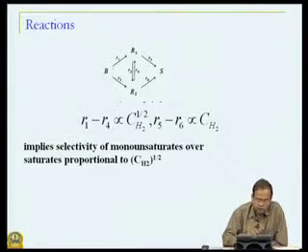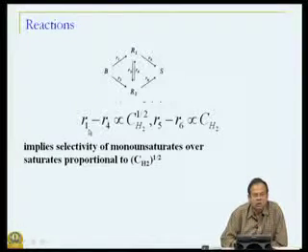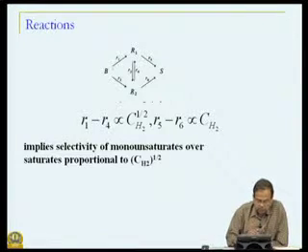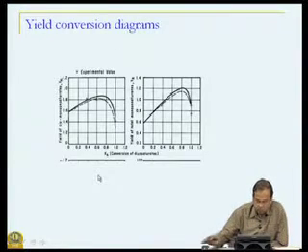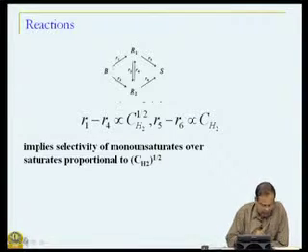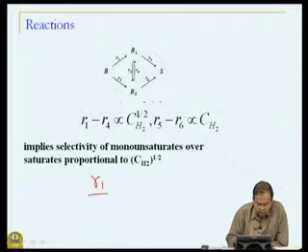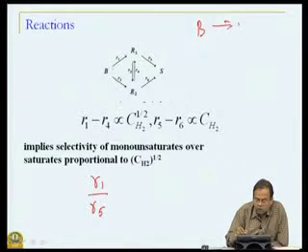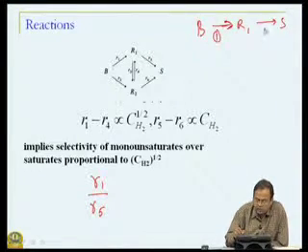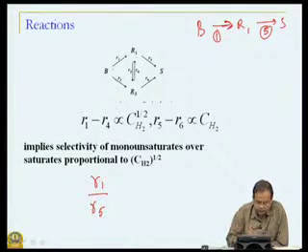So, for example, if you were to look at the ratio of R1 to R5: if you take this segment, B going to R1 going to S, this is my reaction 1, this is my reaction 5.